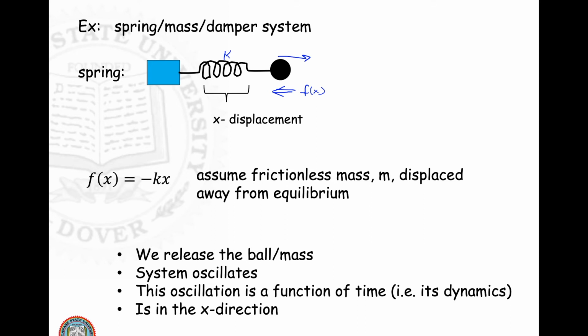And so let's assume we have a frictionless contact point for this mass, and you're going to displace it away from equilibrium. So that means in the beginning, the spring is kind of coiled and our system's at rest, and then you displace it away from equilibrium.